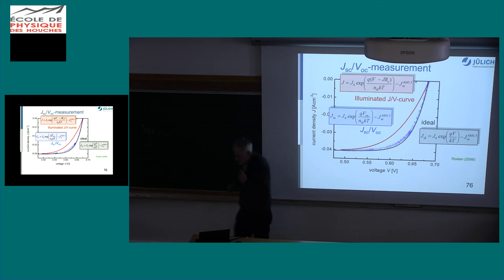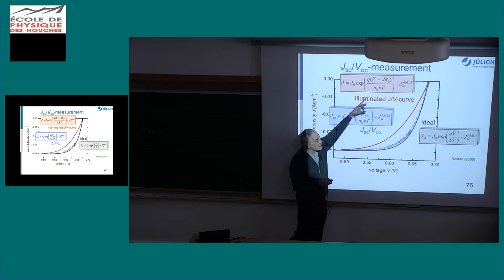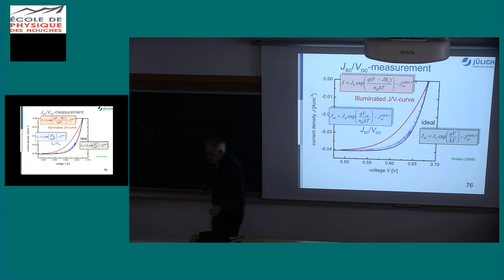So that's non-ideality. If this is larger than 1, your fill factor automatically gets smaller. But if you have a series resistance, that will also affect the fill factor. And that's a very nice method to distinguish between these different contributions. So it helps in one of these cases to see where you're losing your fill factor.